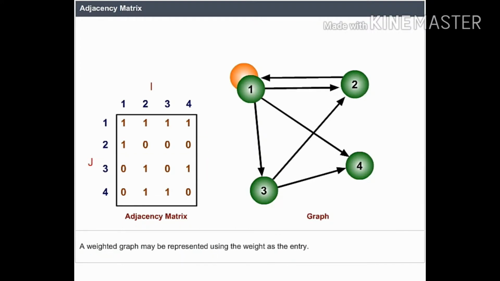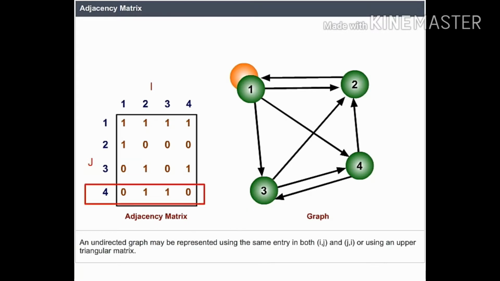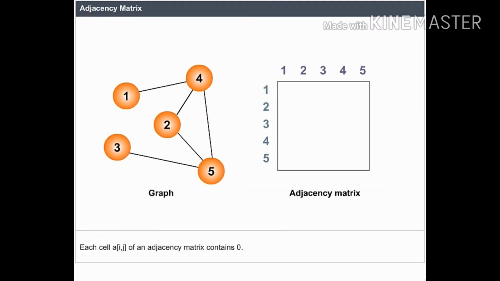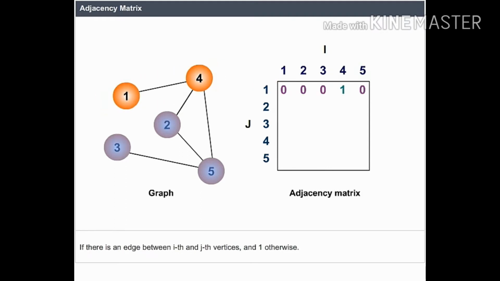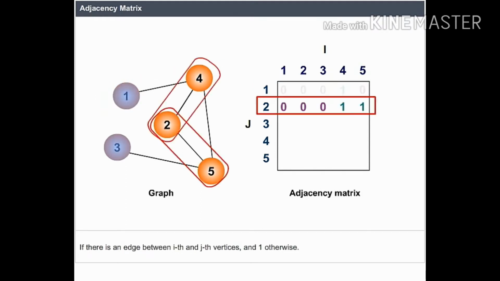A weighted graph may be represented using the weight as the entry. An undirected graph may be represented using the same entry in both ij and ji, or using an upper triangular matrix. Each cell A[i][j] of an adjacency matrix contains 0 if there is no edge between the ith and jth vertices, and 1 otherwise.